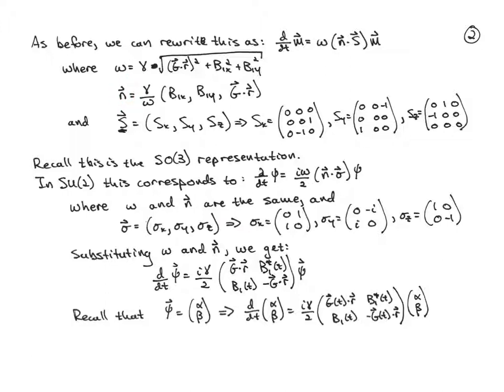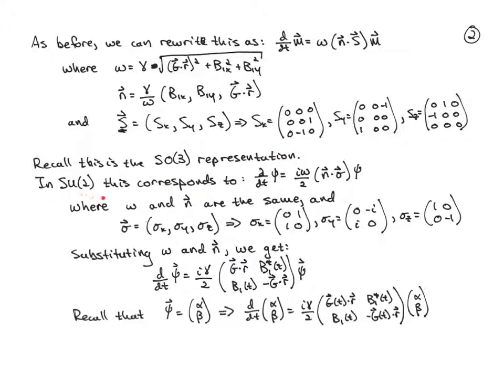N here is the normalized vector about which we are rotating, and S is the collection of 3x3 rotation matrices for rotations about each axis. If you recall from the SLR lectures, this is called the SO3 representation.